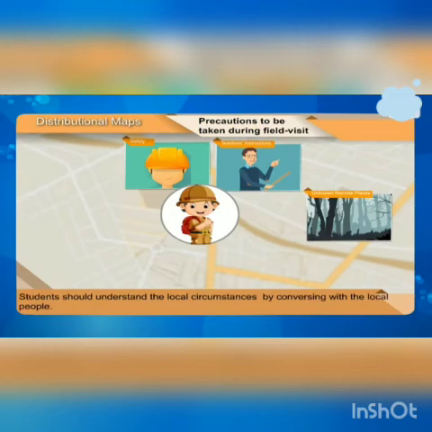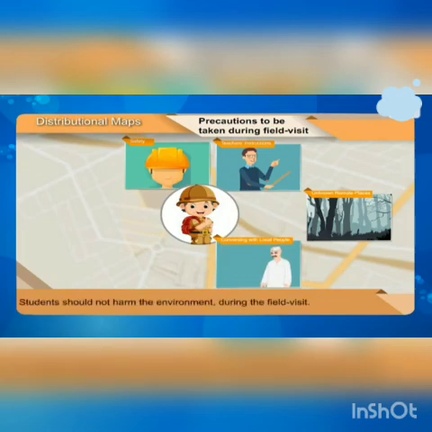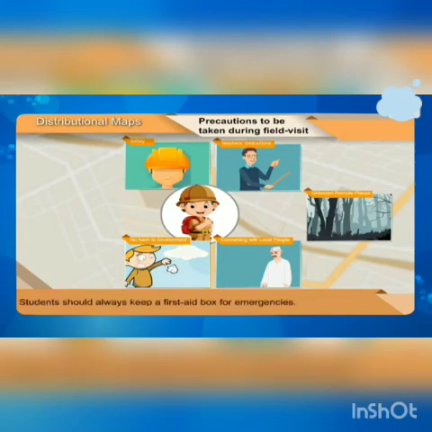That's wrong. Understand the local circumstances. We have to learn from the people. We should not harm their culture and ethical values. We should not harm the environment by throwing things or spitting. We should carry first aid in case we get injured. So these are all the precautions we have to take.